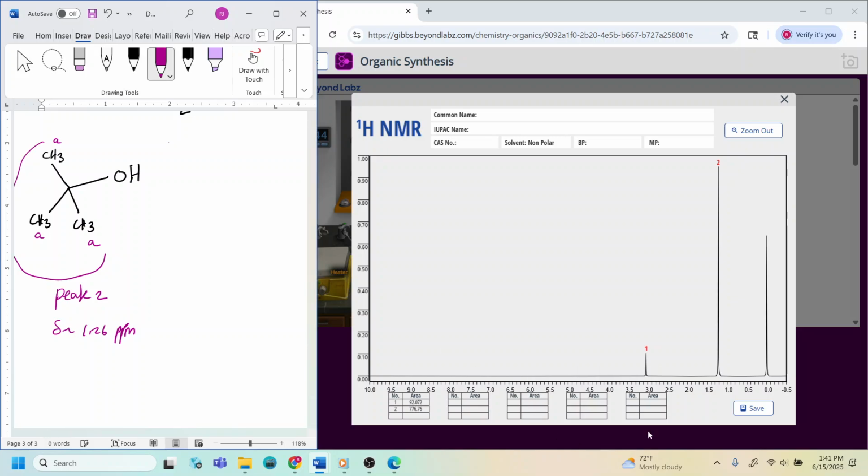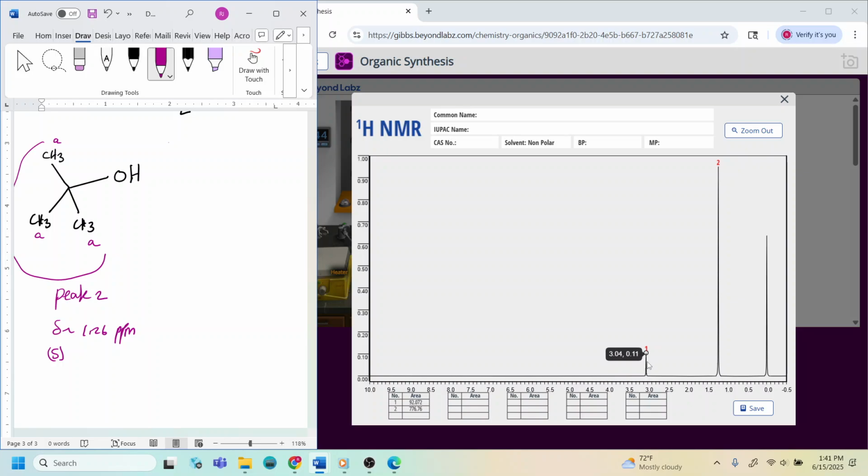For the multiplicity, meaning how many peaks it's split into, it's a singlet. It's one peak. Why? Because none of these hydrogens is connected to a neighboring hydrogen. It's n plus 1, so it's 0 plus 1, so it's a singlet. This is the multiplicity for peak number 2.